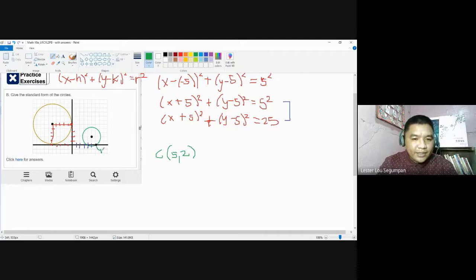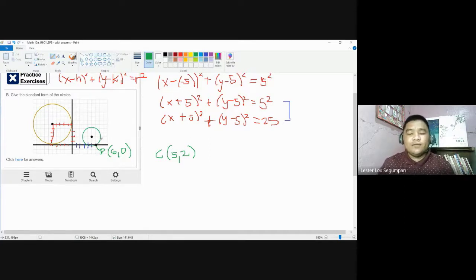This point here has coordinates 6, 0: 1, 2, 3, 4, 5, 6 for the x-coordinate, and 0 for the y-coordinate. Why do we need that? Even if we don't have a situation that could predict the value for the radius, when we have 2 points, the center and a point on the circle, we could come up with the radius.